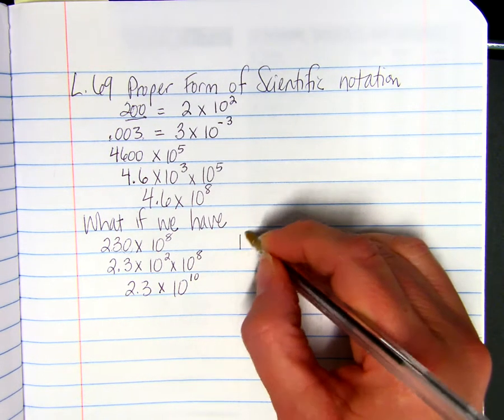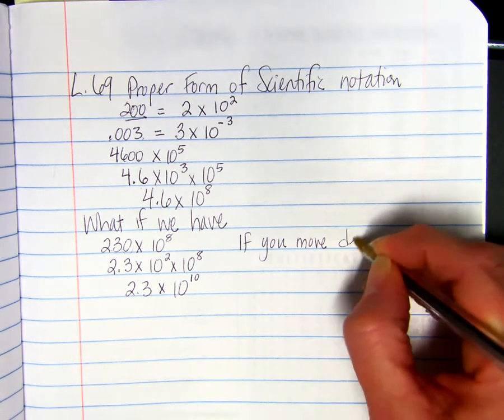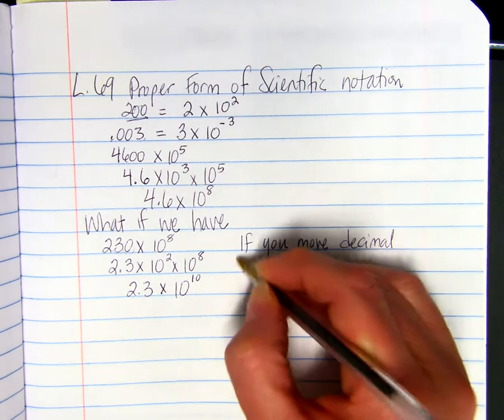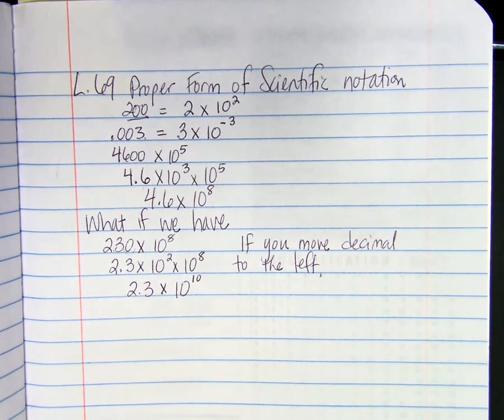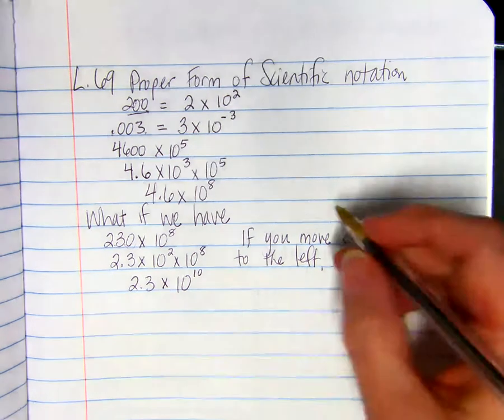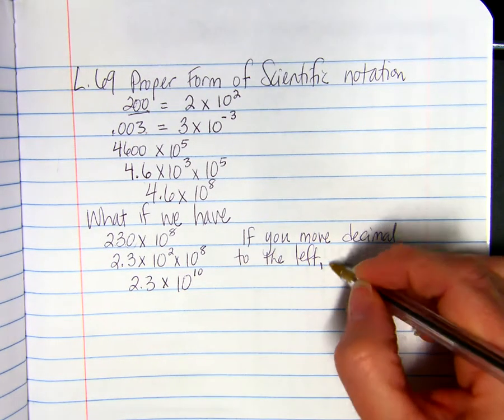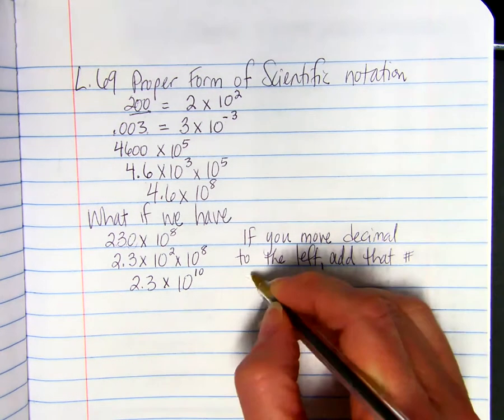So if you move the decimal to the left to get it in proper scientific notation, add that number to the exponent. So you just add how many times you moved it to the left and add it to the exponent.